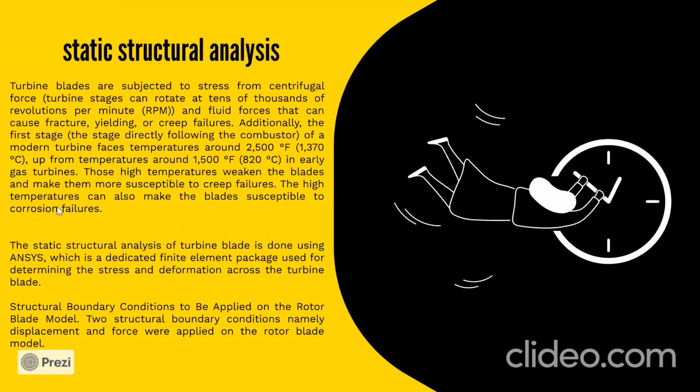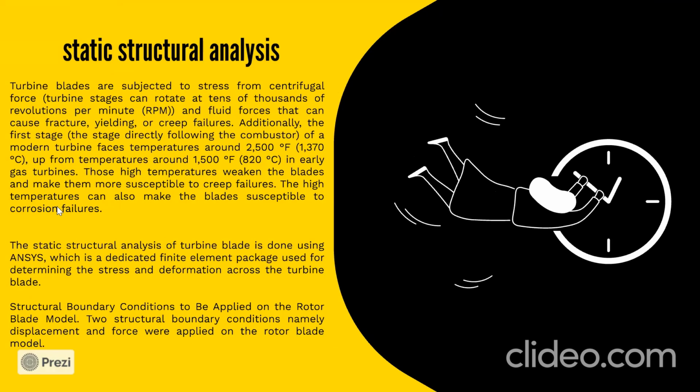Before, we were talking about the material selection, type of material, and mechanical properties of our materials. Now we are going to talk about the structural static analysis. Turbine blades are subjected to stresses from centrifugal force. A turbine stage can rotate at 10,000 revolutions per minute, and fluid force that can cause fracture, yielding, or creep failure.